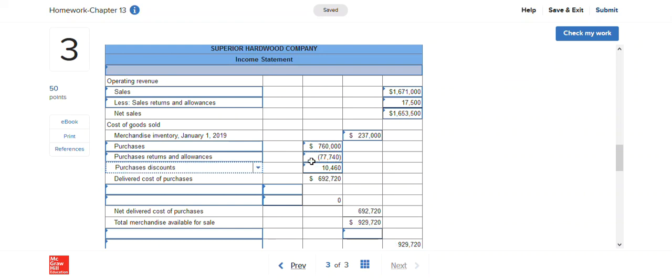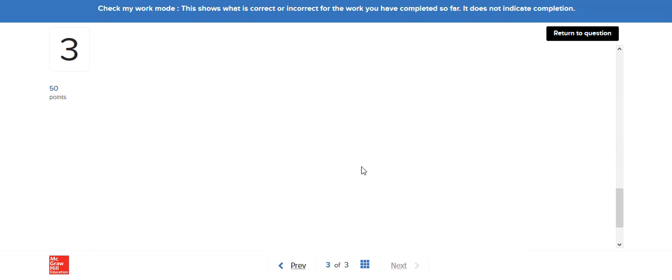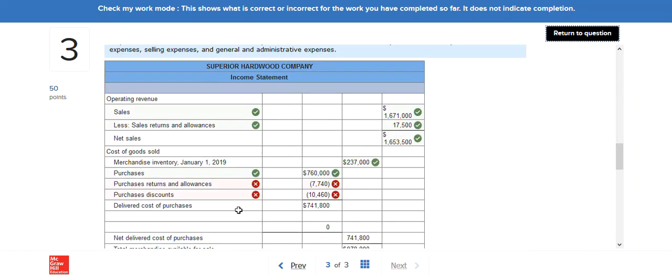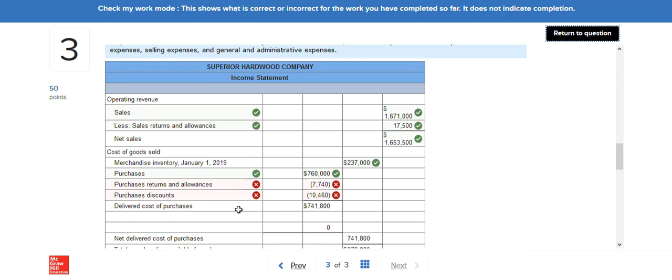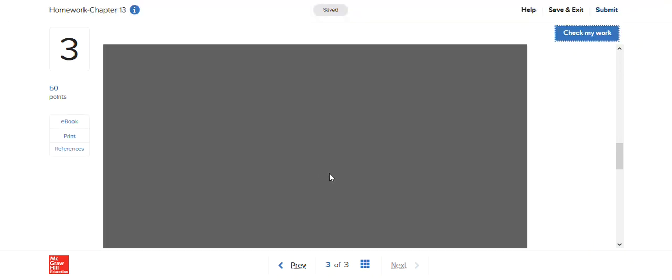Oh, I think I got too many sevens in there. There. All right. Let's make sure we got that right. That's the funny thing about Connect. Sometimes it's quirky. Let's try to flip-flop them and see if that works.